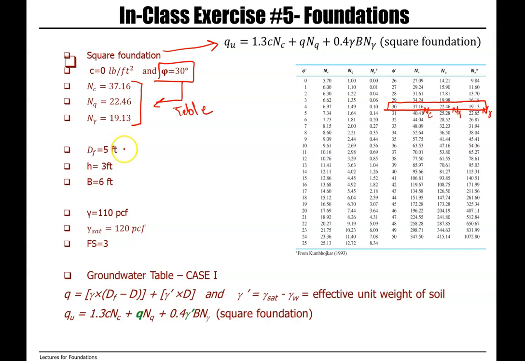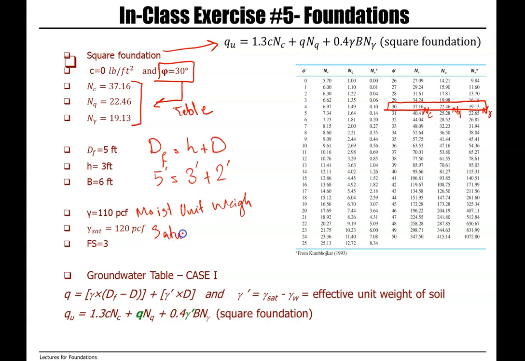Total depth of foundation. Depth of foundation is H plus D. Total depth of foundation is 5 feet. H is 3 and D is 2 feet. Width of foundation is 6 feet. We have moist unit weight, and we have saturated unit weight.